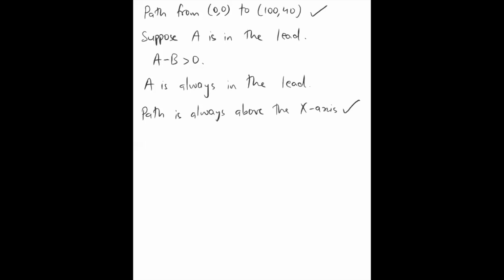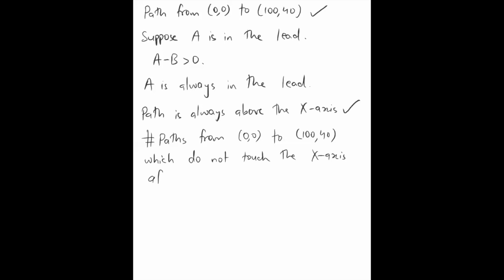Now the problem has reduced to finding the number of paths from 0 comma 0 to 100 comma 40, which do not touch the x-axis after 0 comma 0. This is what we are looking for.